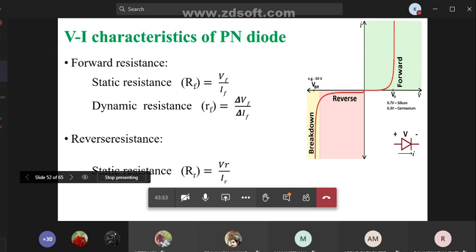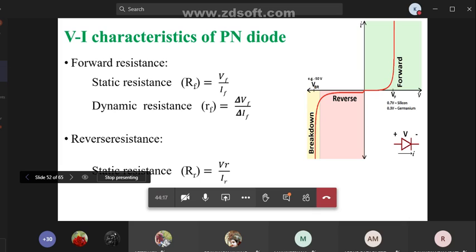So it is about diode resistances. We have two resistances: static resistance or DC resistance, and dynamic resistance or AC resistance. In forward bias, the static resistance is the ratio of forward voltage to forward current, and the dynamic resistance is the ratio of change in forward voltage to change in forward current.